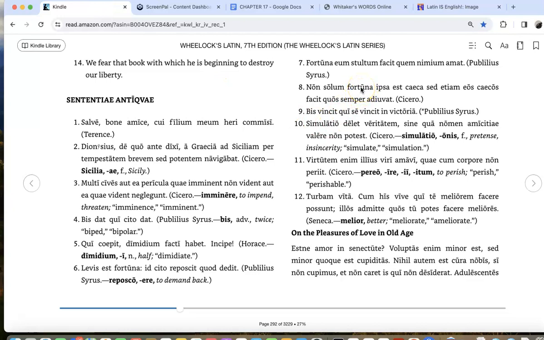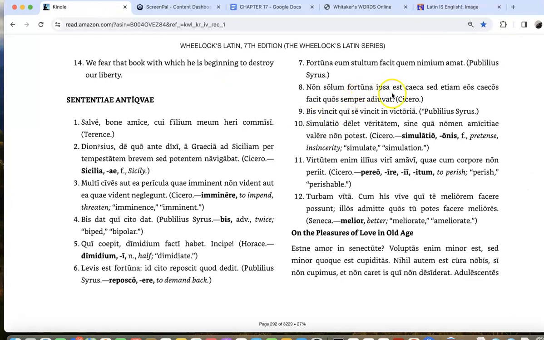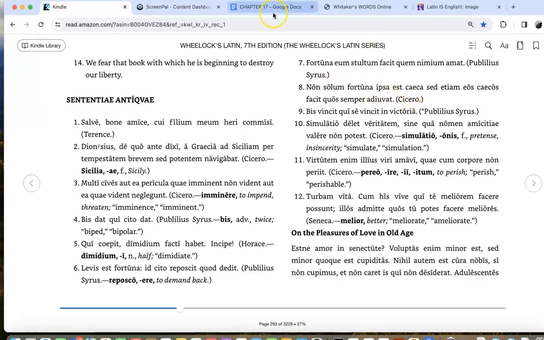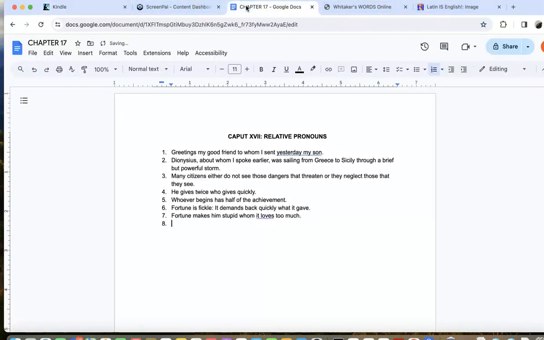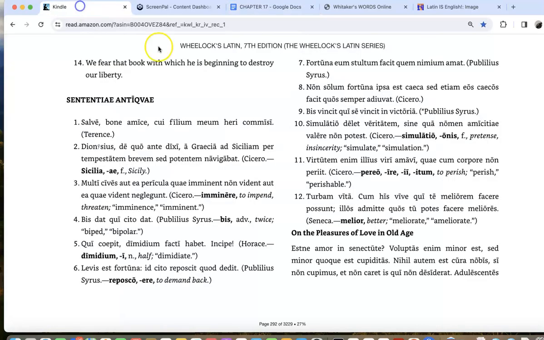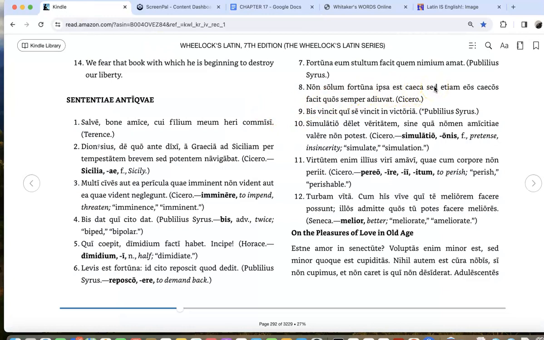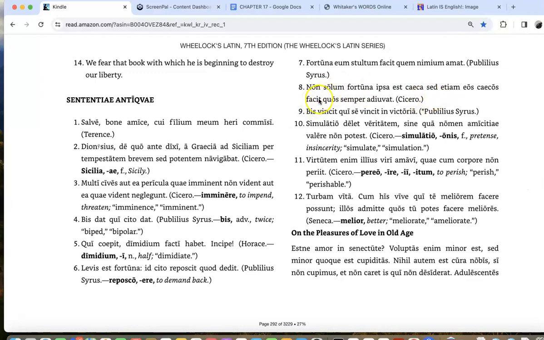So fortune itself is not only blind, but it also makes.